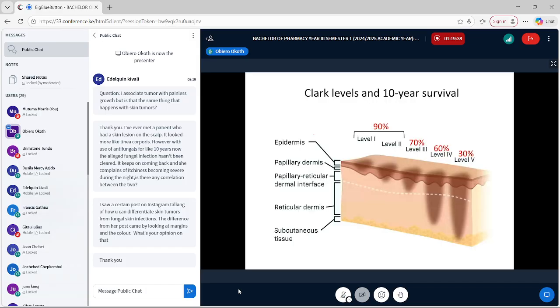And you can see it's just here. Or level 2 now is going down. It's in the papillary dermis. Level 3 is going into the papillary subcutaneous tissue. You can see the 5-year survival rate changes from 90% in level 1 to 30% in level 2.